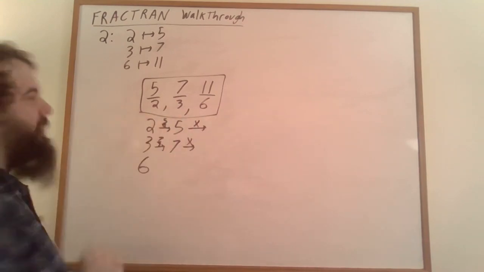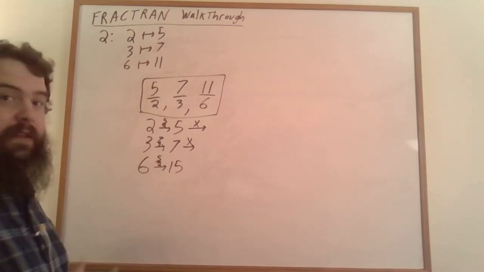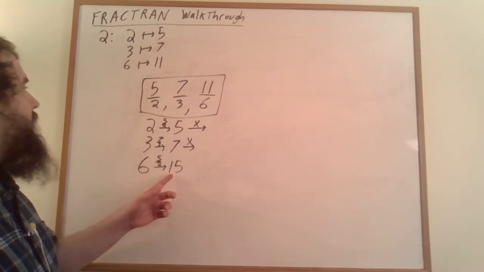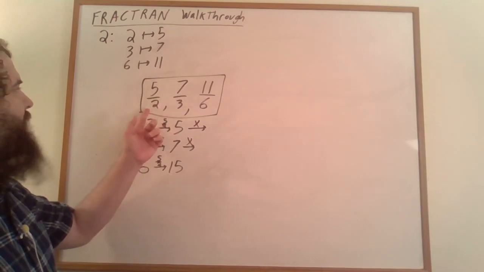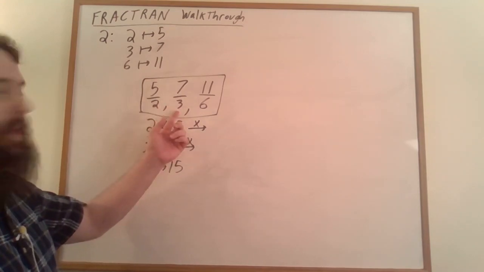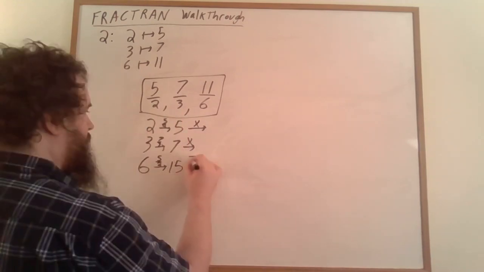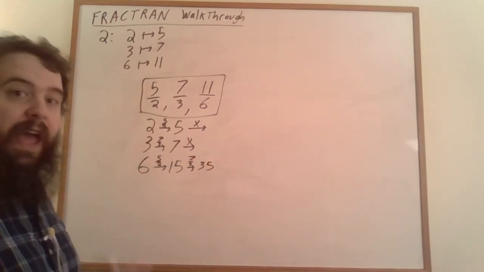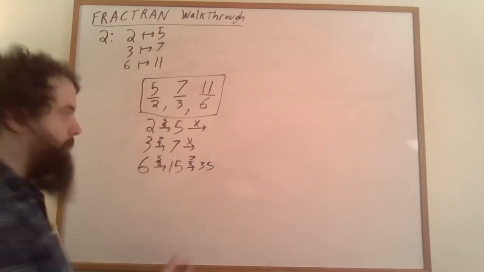We're multiplying it by 5/2 to get 15. Now 15, we can't multiply it by 5/2, but we can multiply it by 7/3 to get 35. And now 35 we can't multiply by any of these fractions, so we're done.